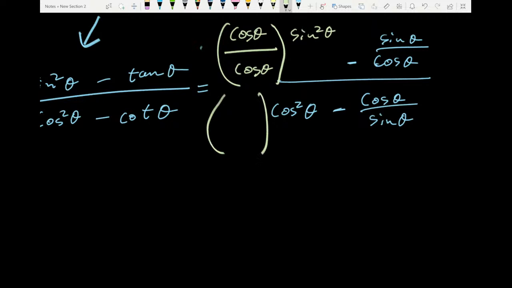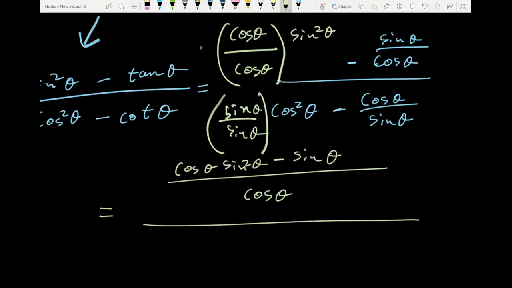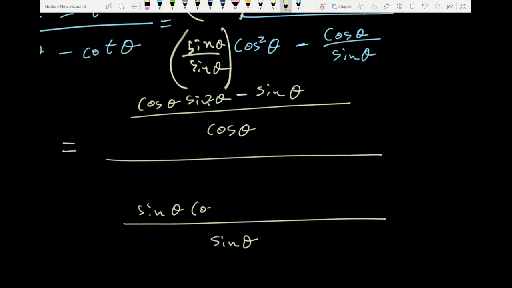And same thing over here, I'm going to multiply by sine of theta. So that becomes cosine of theta, sine square of theta, minus cosine of theta, sine of theta. And at the bottom, you got sine of theta, cosine square of theta minus cosine of theta.